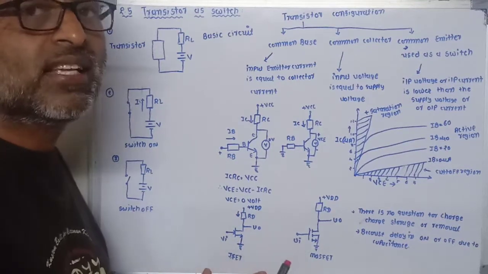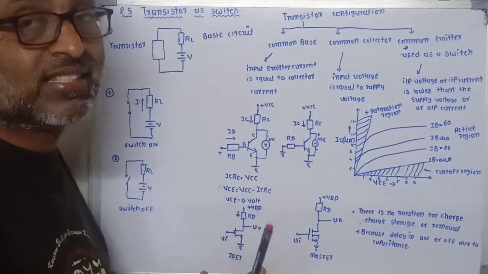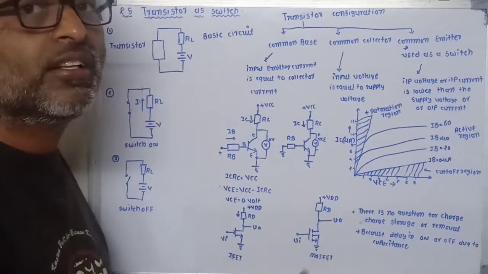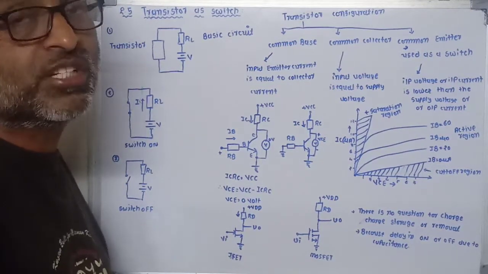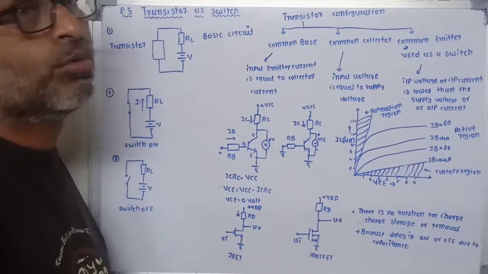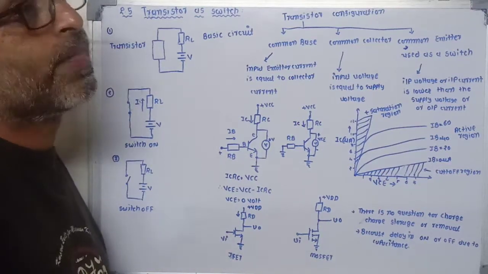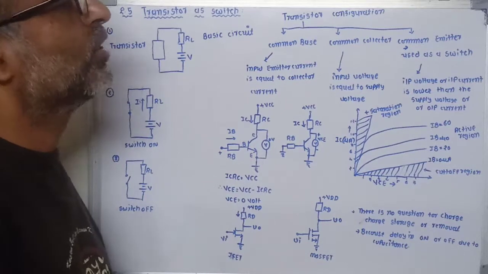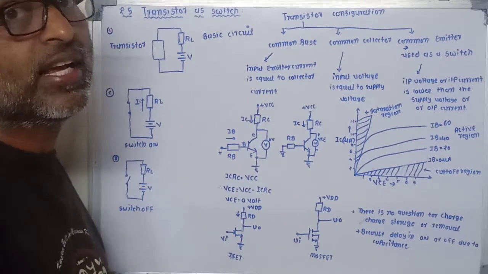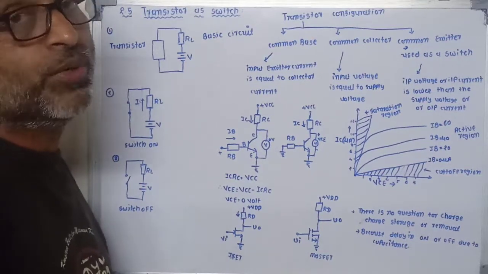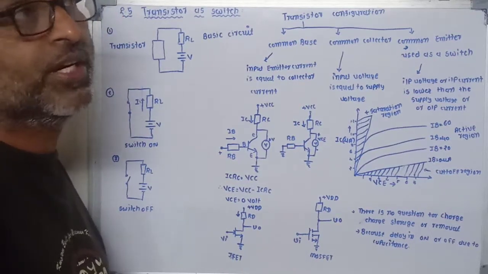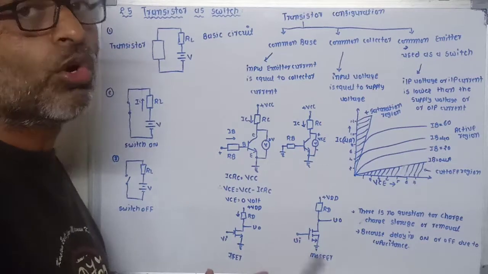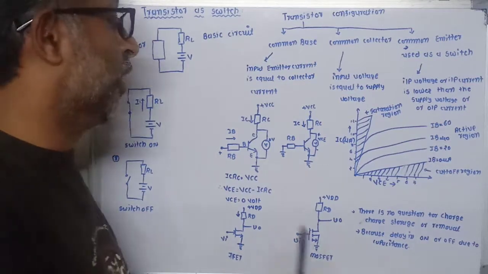And similarly, the excess charges present near the junction also take some time to be removed from this junction when the transistor moves from the on state to the off state. Thus there is an increase in delay in switching. Now to increase the switching speed of this transistor, Schottky transistors are used.